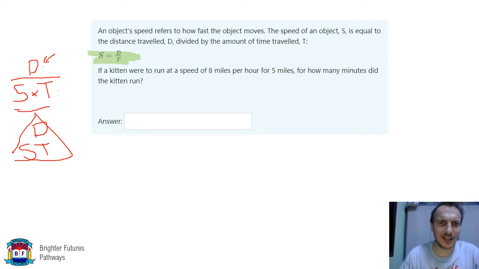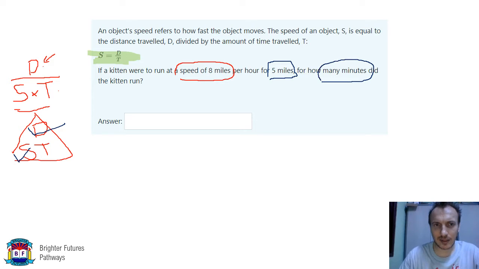Now, if a kitten was to run at a speed of 8 miles, so we have the speed, for 5 miles, this is the distance, how many minutes did the kitten run for? How many minutes?